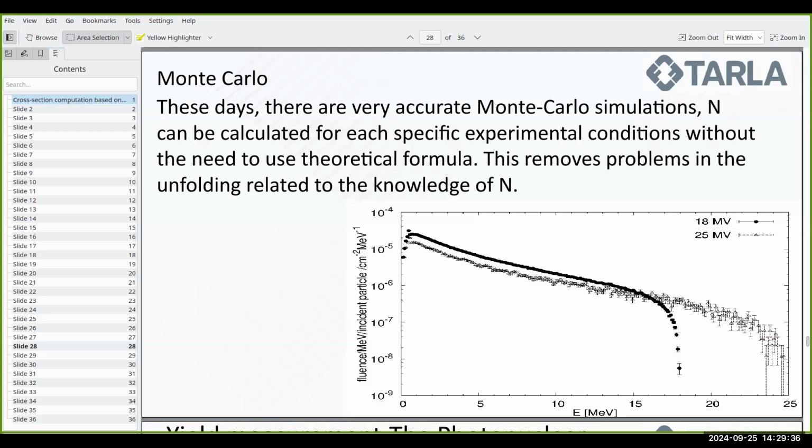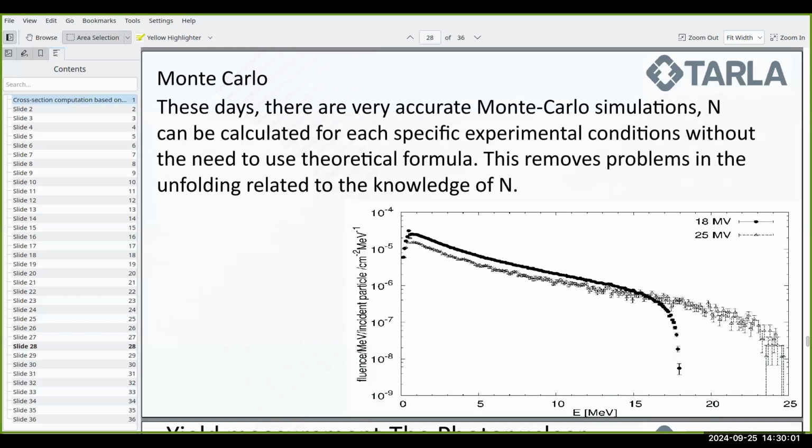spectrum, which needs only two characterizations. It needs the characterization of the endpoint energy. That means you need to measure your incoming electron beam very accurately, and the overall absolute total flux calibration. That would be, in this case, on the Y scale.